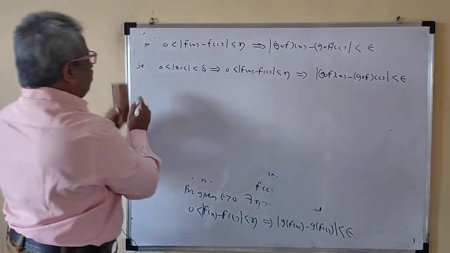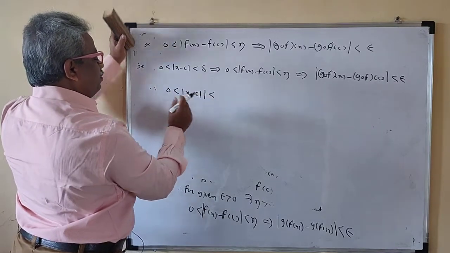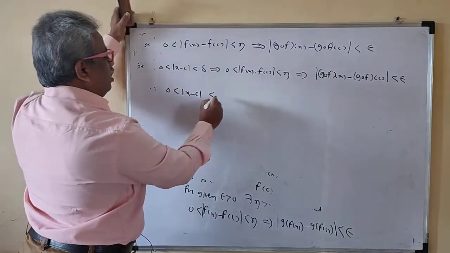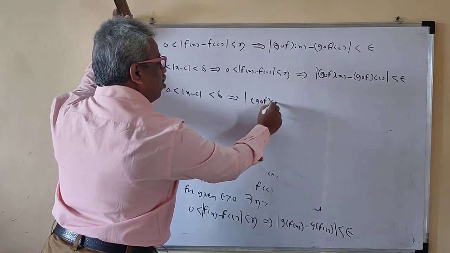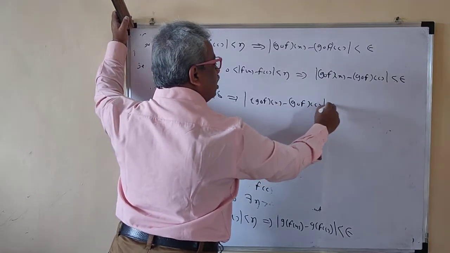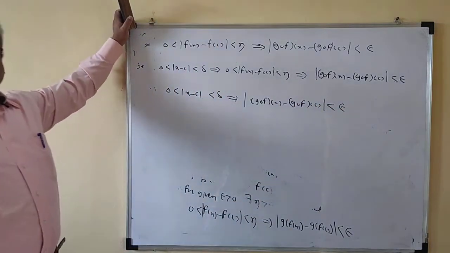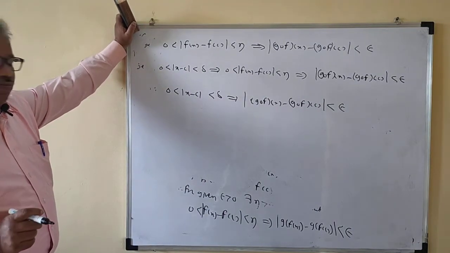Therefore, 0 less than mod of x minus c less than delta implies that mod of g compose f of x minus g compose f of c less than epsilon. This is the epsilon delta definition.